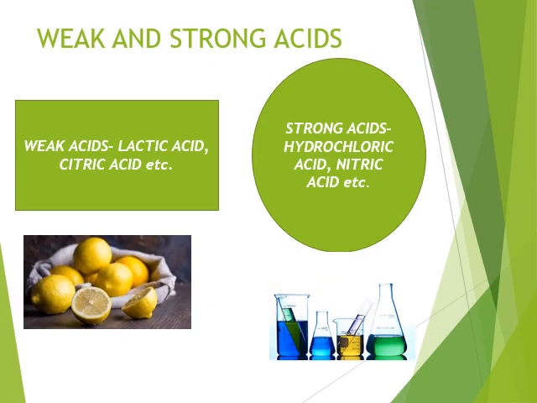All the naturally occurring acids like lactic acid, citric acid, ascorbic acid, etc., which are present in plants and animals, are the organic acids and they are also the weak acids. And acids like hydrochloric acid, sulfuric acid, nitric acid, which are commonly used in the laboratories, are the mineral acids since they are prepared artificially and they are strong acids.